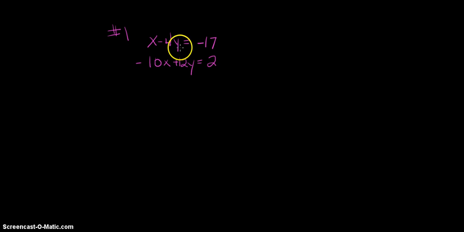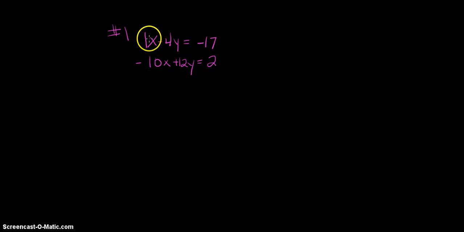And so now we want to find numbers that are the same, but signs are different. So the coefficient here is 1, and then it's negative 10, and then we have negative 4, and positive 12. So we don't have any numbers that are the same like we did in our previous assignment. So we are going to have to somehow make them the same.